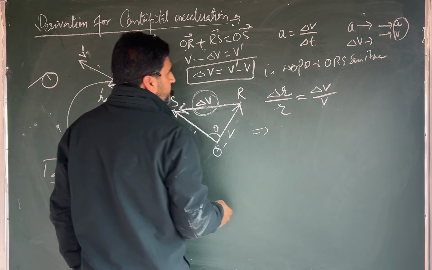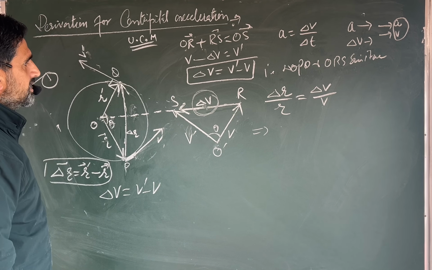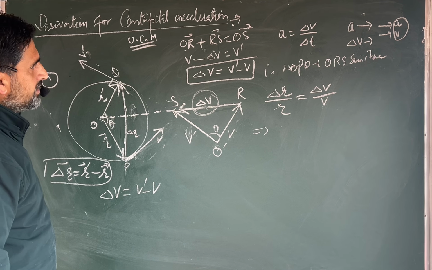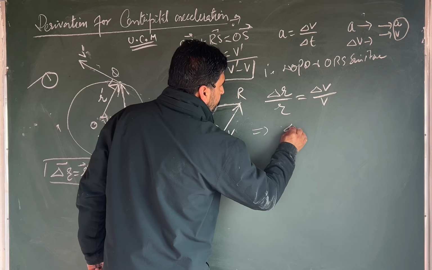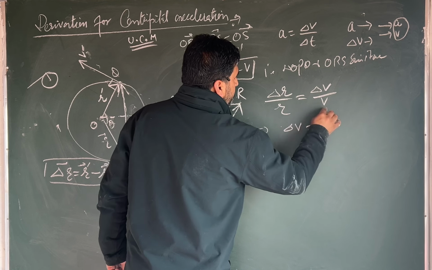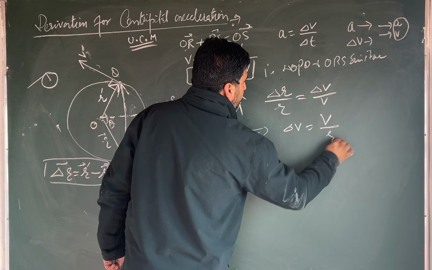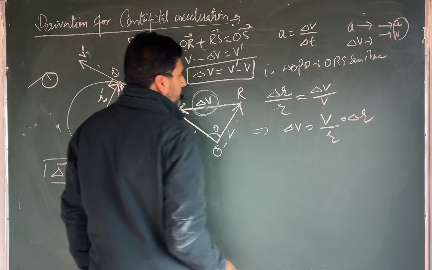Delta R by R is equal to delta V by V. So we can write delta V is equal to V by R into delta R.